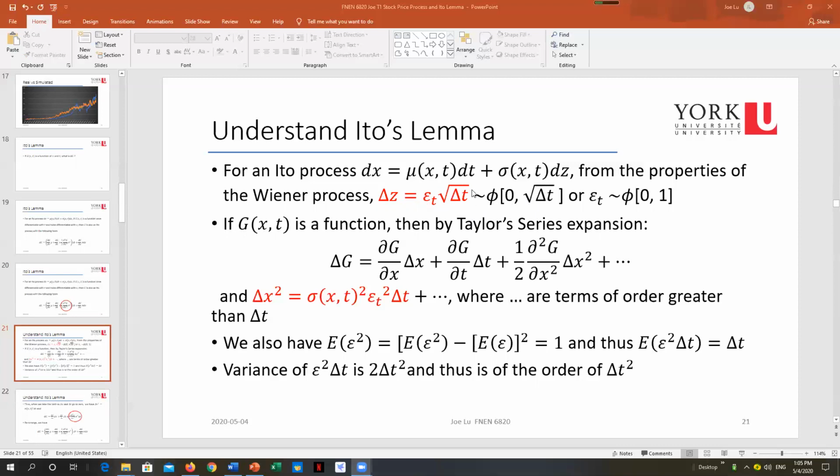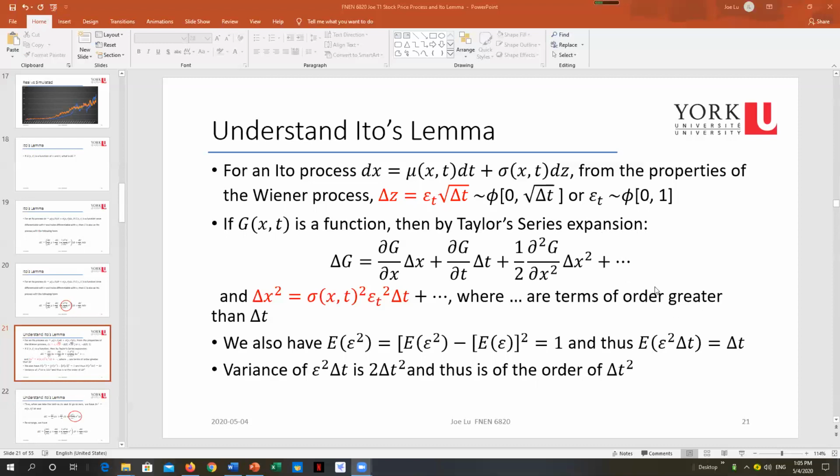For the entire thing, epsilon t is with mean 0 and standard deviation 1, or variance 1. Now, we can see that the change dz has a component that is related to the square root of delta t.